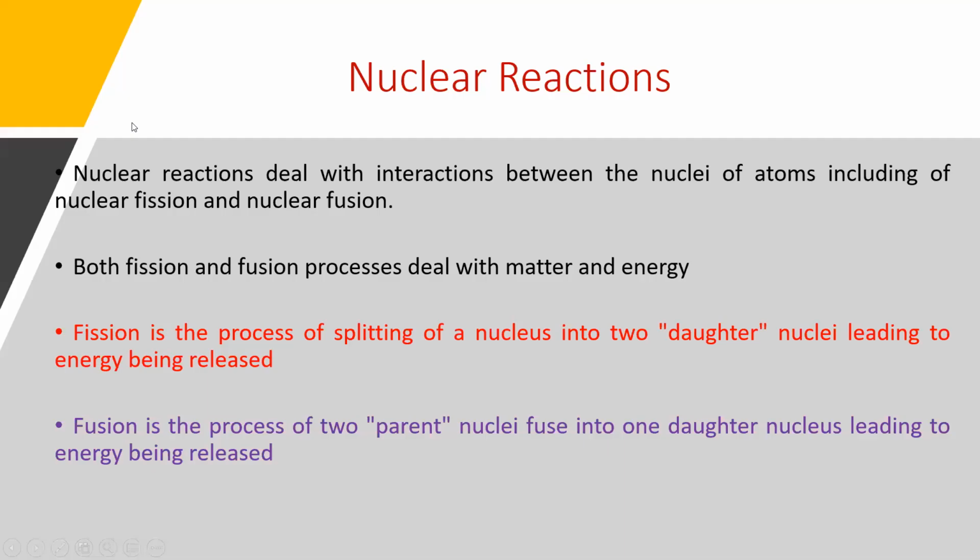Now the next concept is nuclear reactions. This is the most important topic with respect to a nuclear power plant, where the nuclear chain reaction is one of the most important parts. Nuclear reactions deal with the interactions between the nuclei of atoms, including nuclear fission and nuclear fusion.